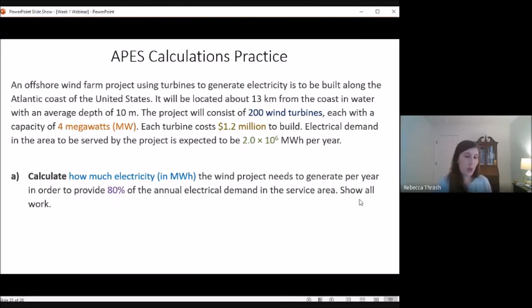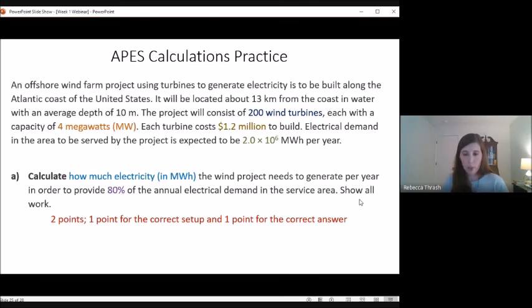So they want you to show all work. The reason why is because they're going to give you 2 points for this. 1 for showing your setup, so showing that you know how to solve the problem, and then 1 point for the correct answer. So that's why I'm telling you guys to please attempt the math. Oftentimes, they will give you a point just for showing that you could have known how to do it.